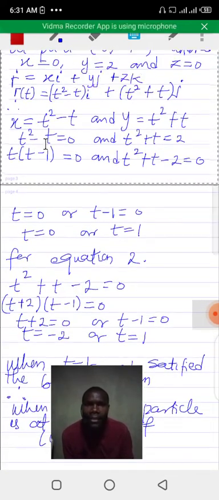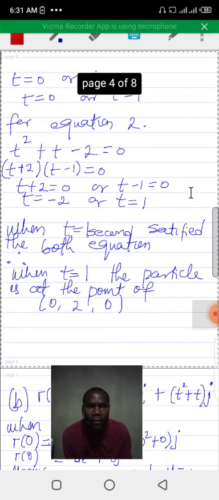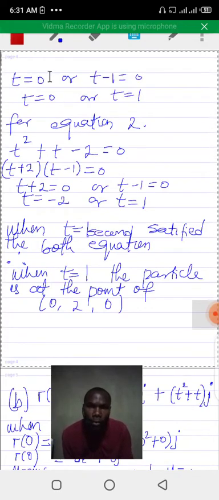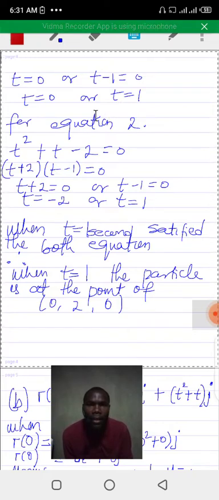You now equate: t² − t = 0 and t² + t = 2. For the first, t is common, giving t(t − 1) = 0, so t = 0 or t − 1 = 0. So t = 0 and t = 1.